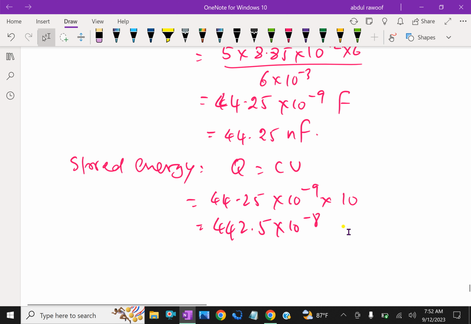No, this is 10 power minus 9 only, because we are multiplying with 10 here. Which is equal to 442.5 nanocoulomb, because 10 power minus 9 is nano.